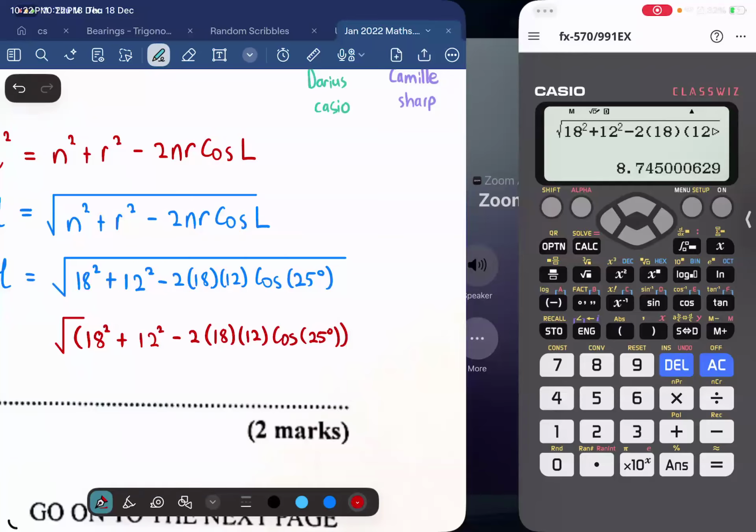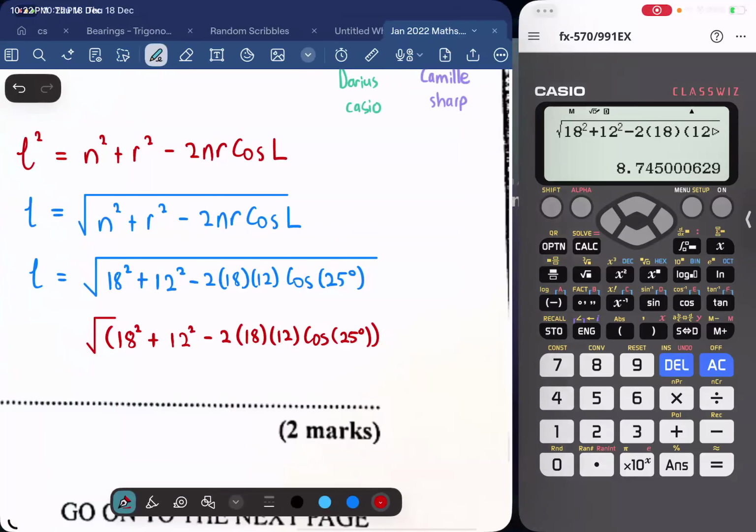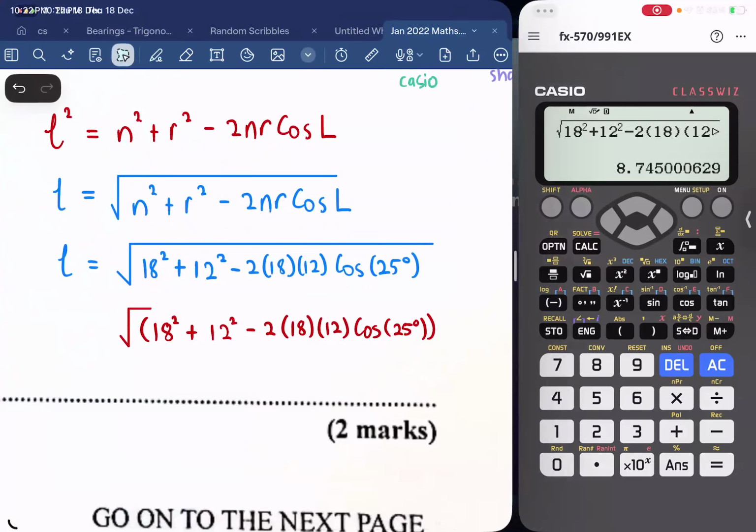Then I did the format that you did just now, with 18 squared plus 12 squared in one bracket, and put in everything else the way we have it, and I got 369.891653.